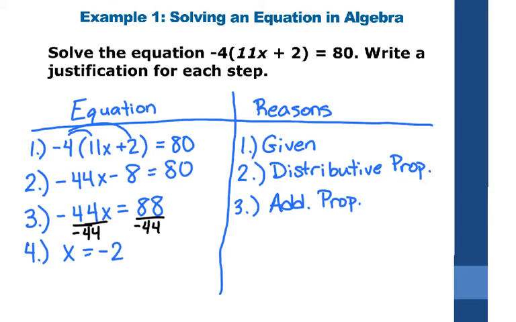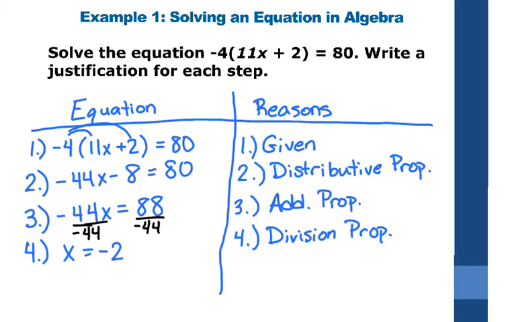So to go from step 3 to step 4, we ended up using the division property. So that's what we need to state in this step. Division property of equality. As I said, we don't have to state the whole thing out. Just state that portion there, and we are good.